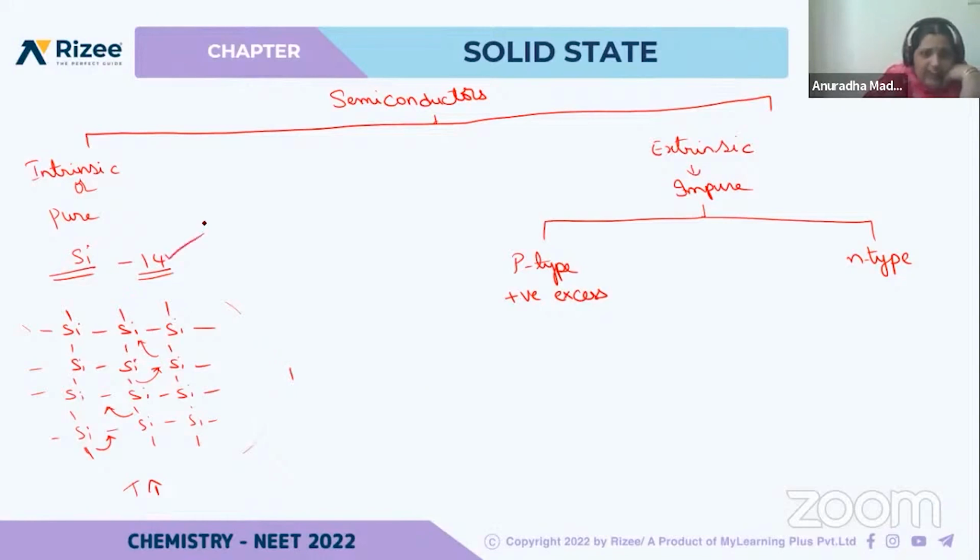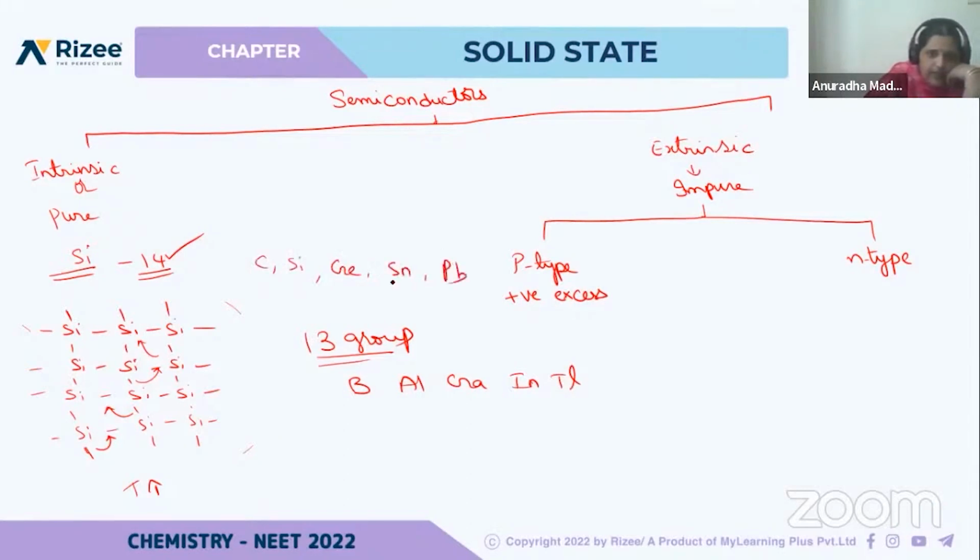Group 13 elements are boron, aluminium, gallium, indium, thallium. Silicon comes in group 14. Group 14: carbon, silica, germanium, tin, lead. This all comes in group 14, and this is group 13.